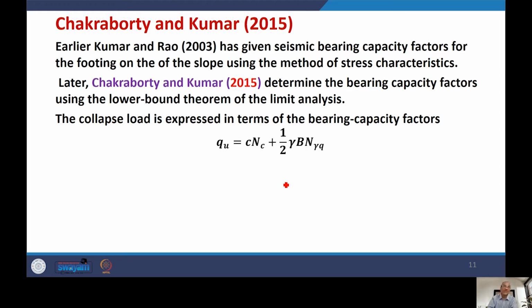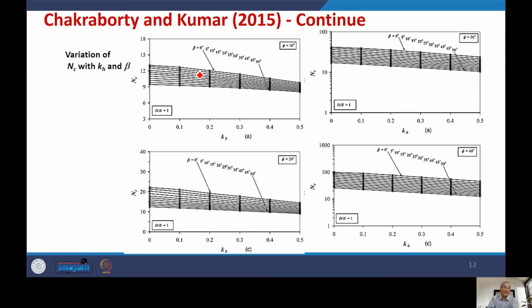So continue with that. So what you have, let me change the pointer and arrow here. This is the variation of Nc with Kh and beta. First of all, Chakraborty and Kumar used, instead of alpha h, Kh. But this is the same thing. Alpha h and Kh are the same, where Kh is the horizontal seismic coefficient and alpha h was also the horizontal seismic coefficient. And the values are from 0 to 0.5: 0.1, 0.2, 0.4, 0.5.